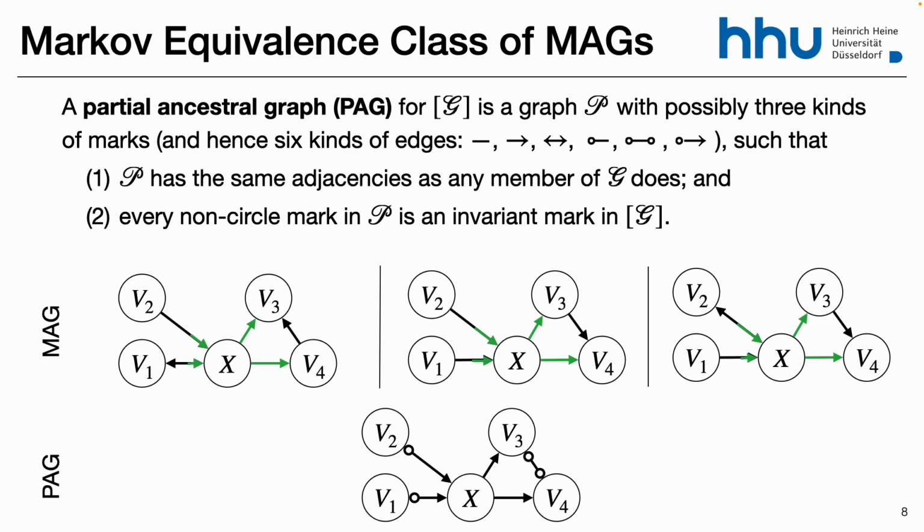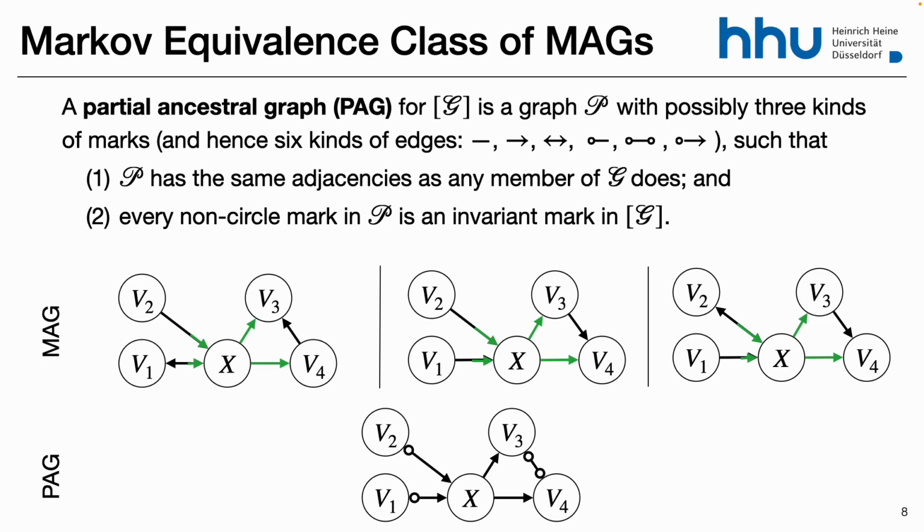Is there anything preventing the V3, V4 edge from being bidirectional in a MAG, in this case? Yes, V3 and V4 can be bidirected. Nothing should break in that MAG.